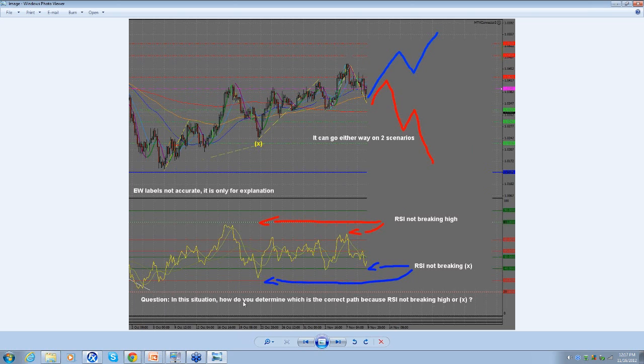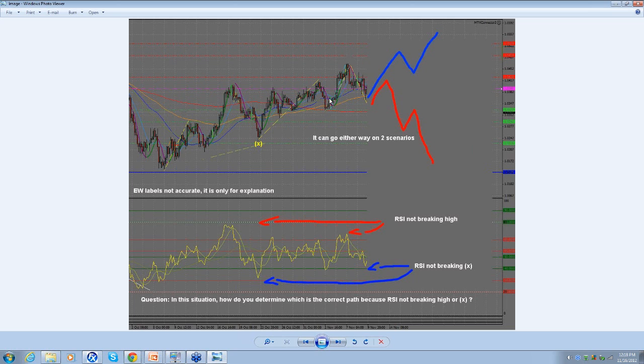The question is, in this situation, how do you determine which is the correct path because RSI is not breaking the high? Let me know if I'm correct or wrong. I see that you're saying that you got this peak, this low, and because the RSI is not breaking the high, you want to know which one is the correct path, right? You got to go with the double.